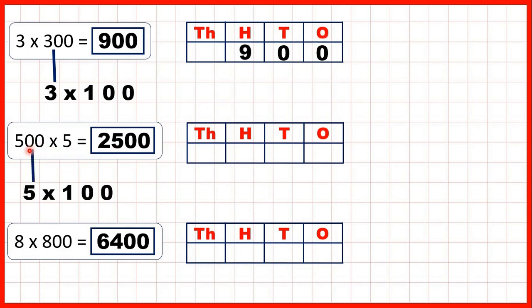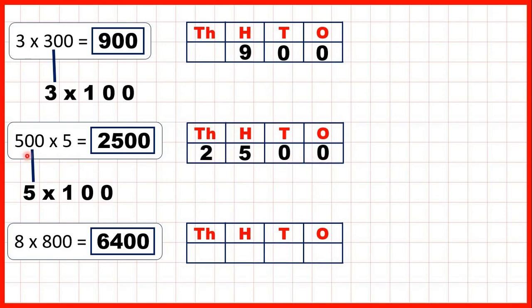Now 500 is 5 times 100, but we can multiply in any order. So first we can work out 5 times 5, that's 25, and then we can multiply by 100 by moving the digits 2 squares or 2 place values to the left and writing zeros in our empty place values.